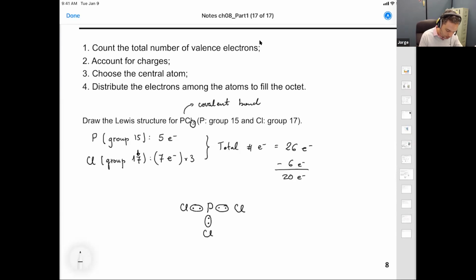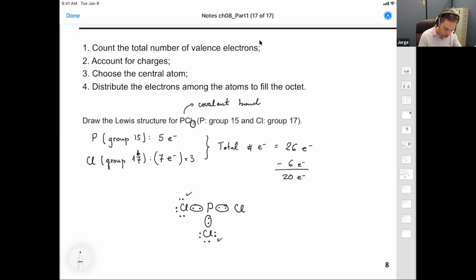For chlorine, we have 1, 2, 3, 4, 5, 6, 7, and 8. Now that this chlorine achieved stability, we move on to the next one. 8 electrons here.